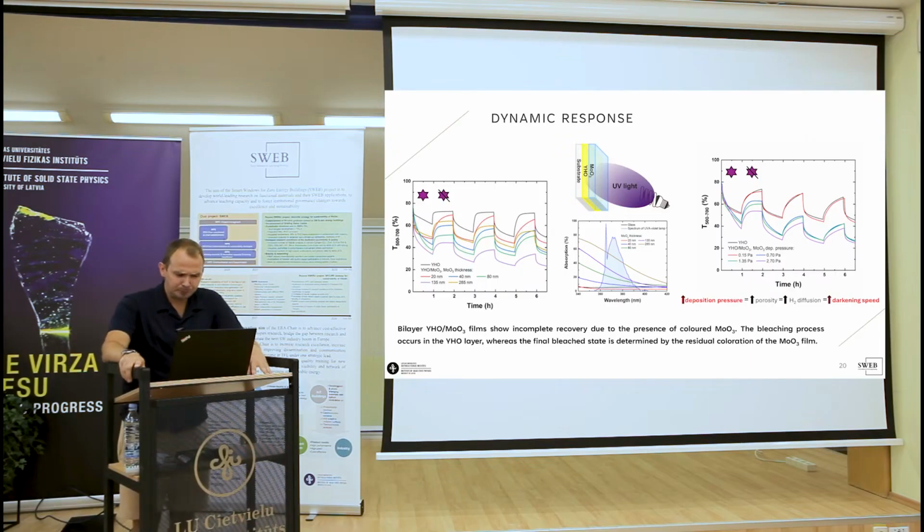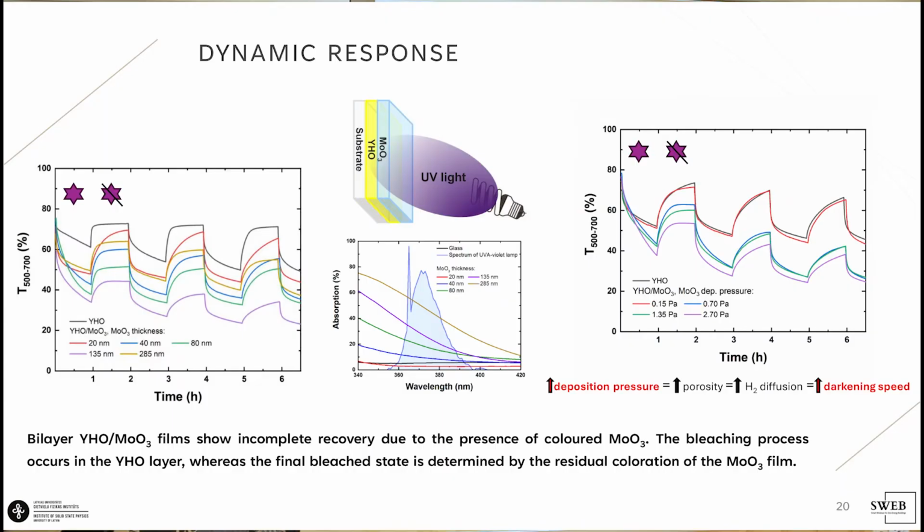This is photochromic cycling. We illuminate the films for 1 hour and let them recover for 1 hour. Several things I want to mention here. First, you see that during bleaching, the films didn't recover, or actually stopped recovering.